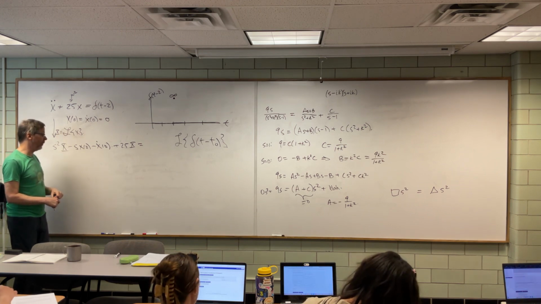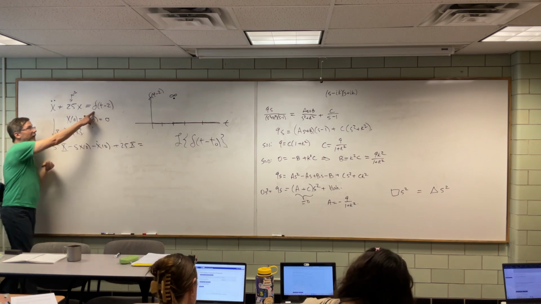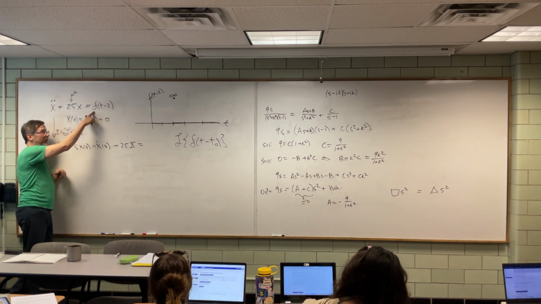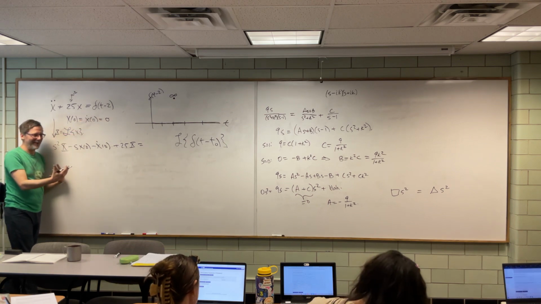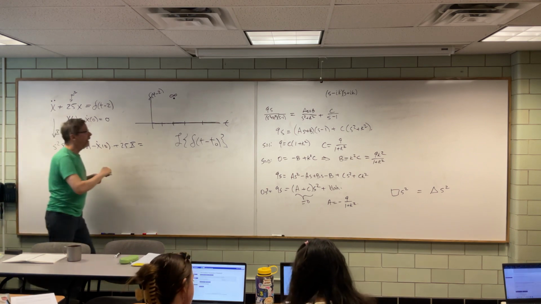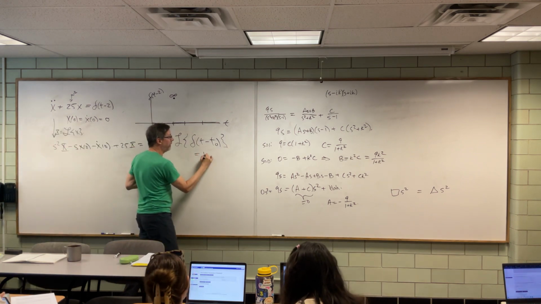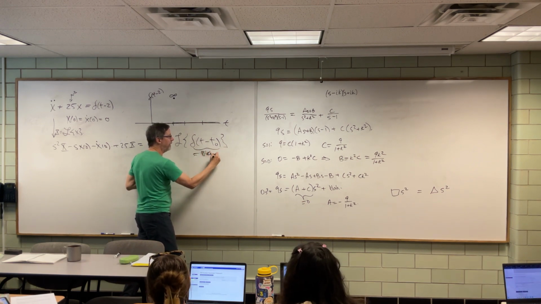It's related, it will produce a Heaviside, but what's that Greek letter? Delta, right? So that's the Dirac delta function. That's the sudden impulse. It will result in a Heaviside. This thing here is just the Dirac delta.